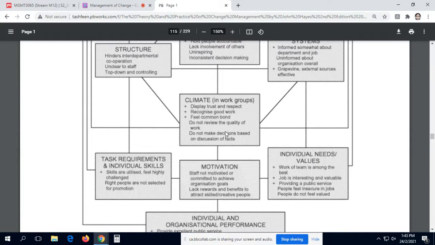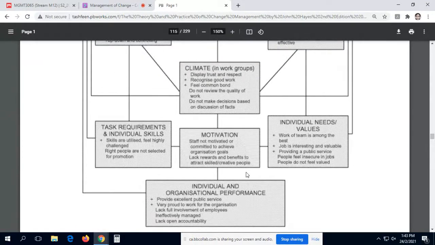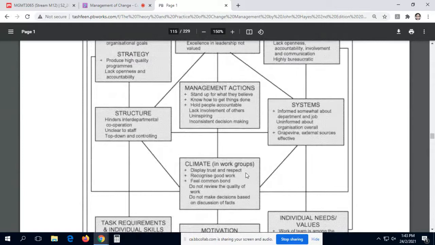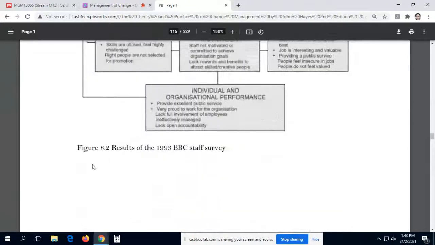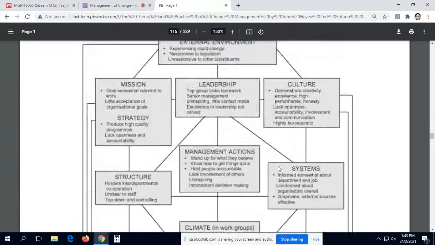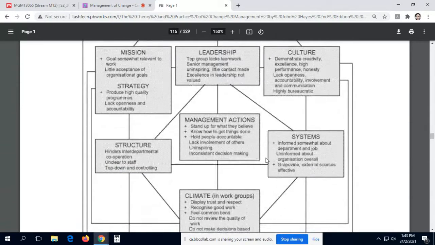These are some of the findings from the BBC survey. Now you can look at this and see which one falls under what, what issues they have, and maybe how they went about solving them. After reading the Burke and Litwin model explanation in the last chapter, chapter 7, you come here and look at figure 8.2. It won't take long. It's a 5-minute thing, because you know these things. It's not something very difficult, and they explained it very easily.